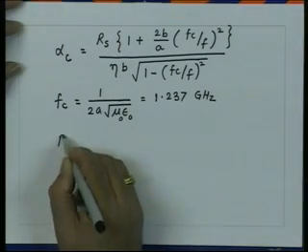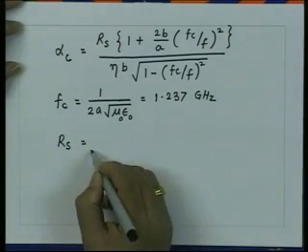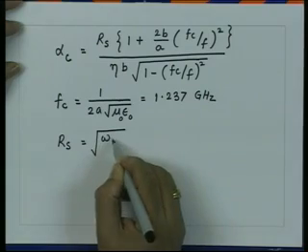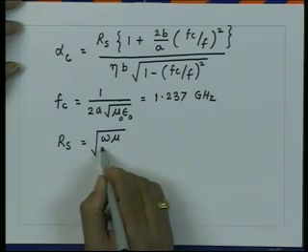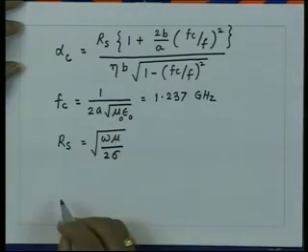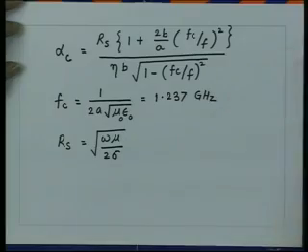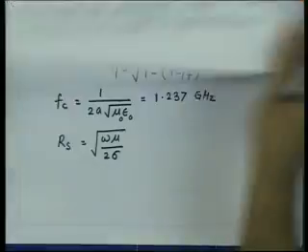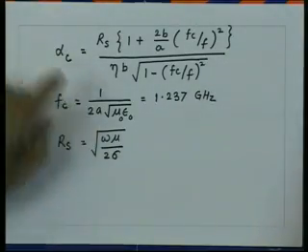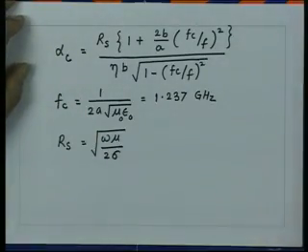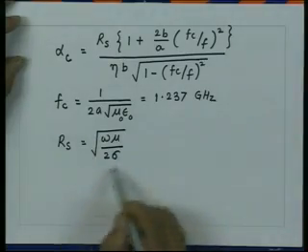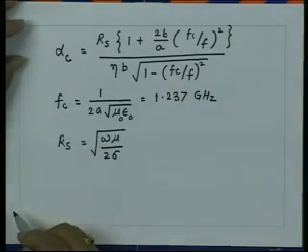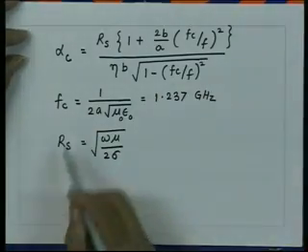And the surface resistance is square root of omega mu upon 2 sigma. So, I can substitute the value of the conductivity for copper, which is 5.88 into 10 to the power 7. I know the frequency, which is 3 gigahertz. So, I can calculate this quantity, which is the surface impedance, and substitute into this. So, we have all the parameters.